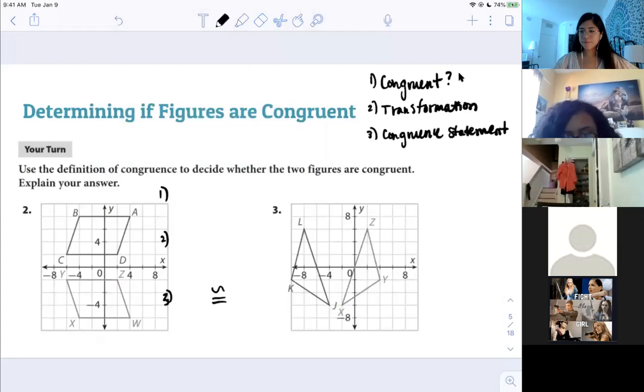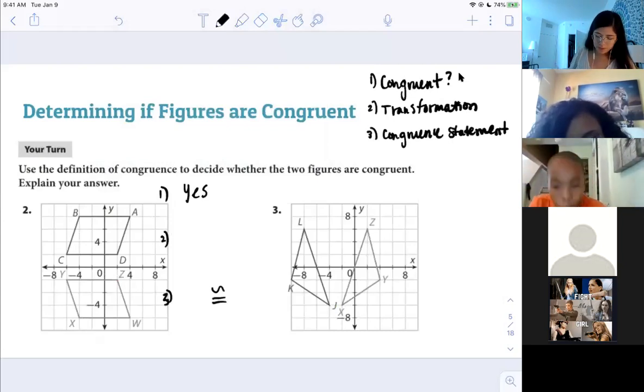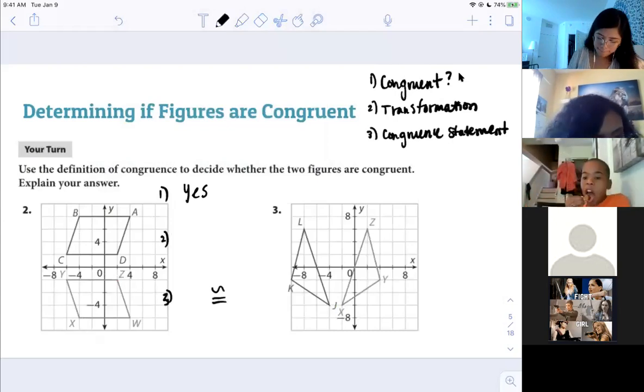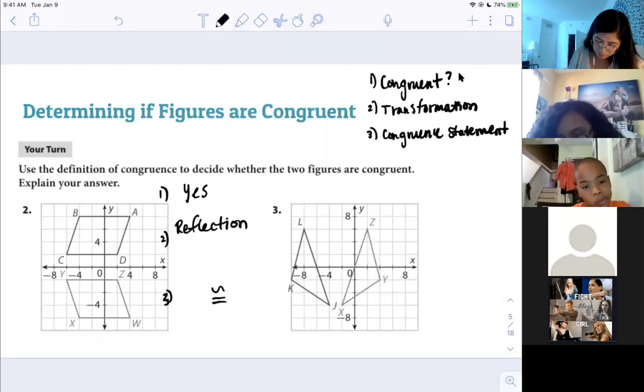All right, so for number 1, are they congruent? Yes. Good. What is the type of transformation? Be specific. Reflection over the x-axis. Very good. And what is my congruence statement?